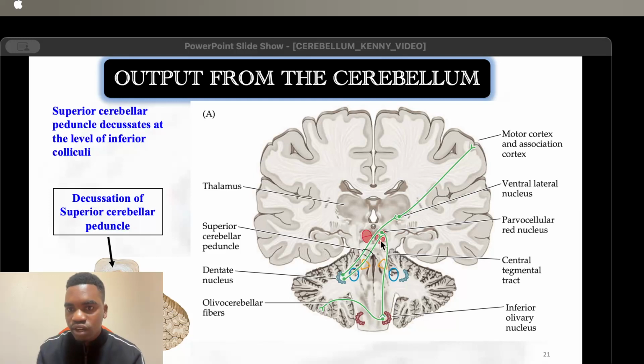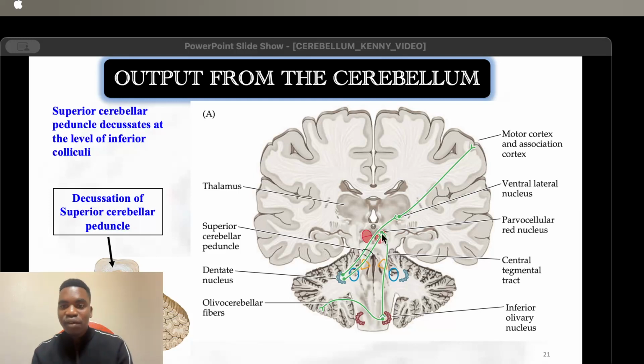So this is to say that the information from the superior cerebellar peduncle will cross the midline, forming a decussation. So there will be a decussation of the superior cerebellar peduncle fibers into the contralateral side of the brain.